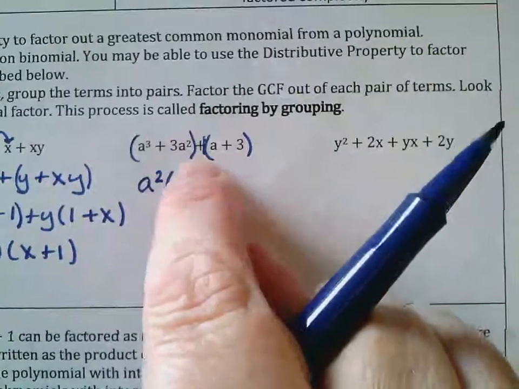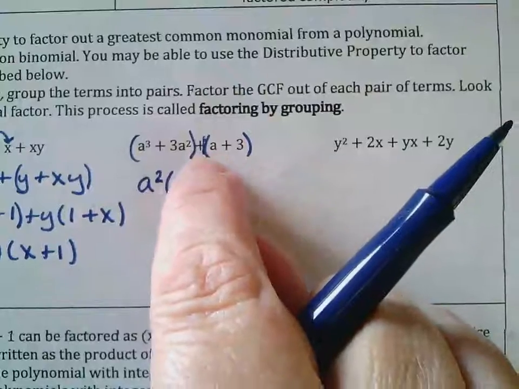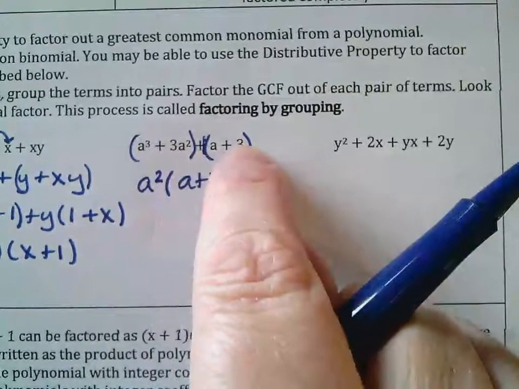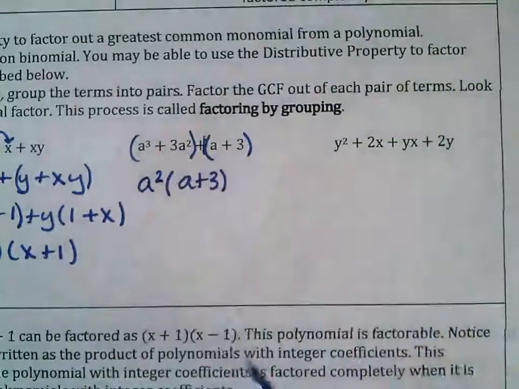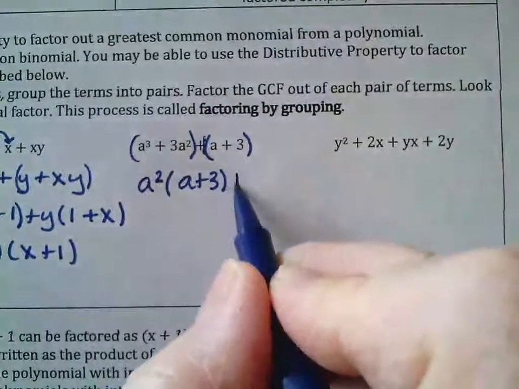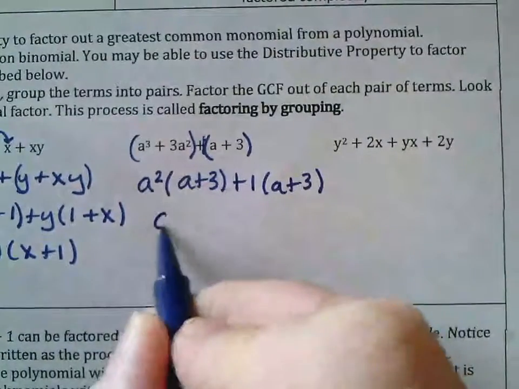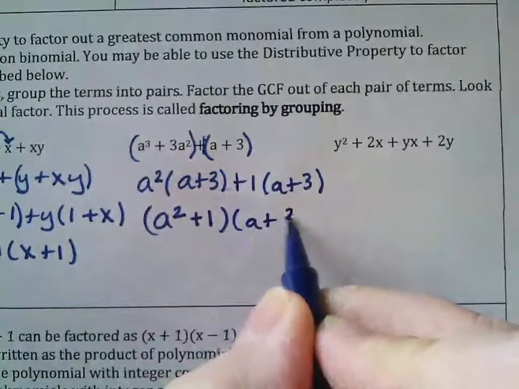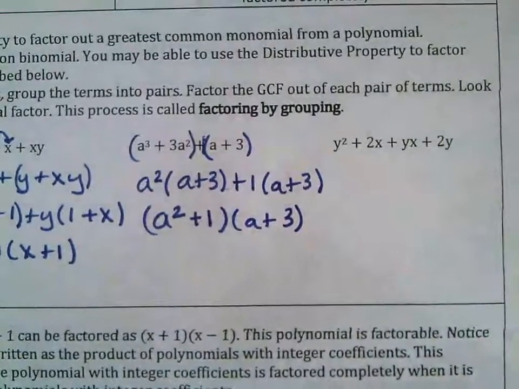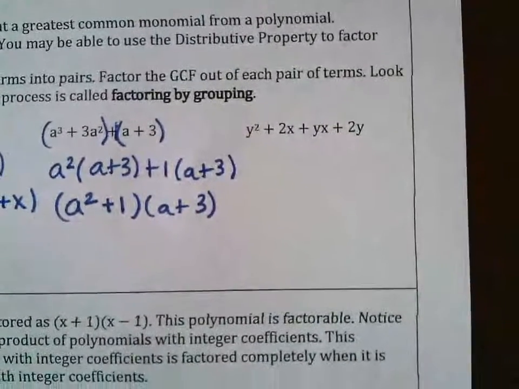What is the one thing I can multiply with that won't affect the problem? It's called an identity. So it's actually 1 times a is a, and 1 times 3 is 3. So it's only 1 that I could pull out of there. And you have plus 1, a plus 3, a squared plus 1, a plus 3. And you're done. Easy peasy, especially the more you do it.